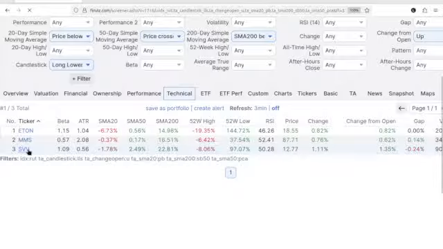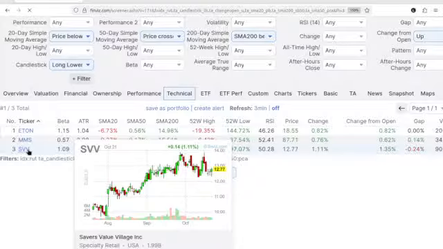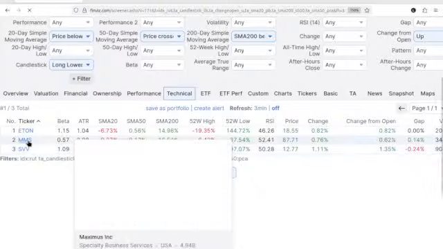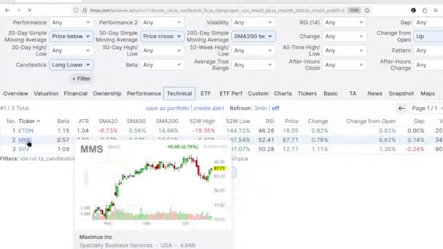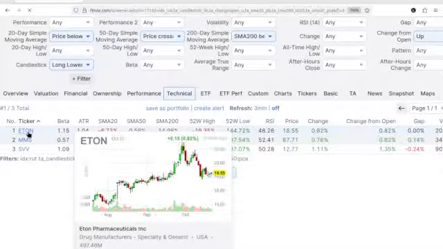So you can kind of look at the chart patterns and tell which one is the best. For this one, just from looking at it, I can tell you this is a class C. This is a class B. Then this is a class A. So the best one to trade is this one here.